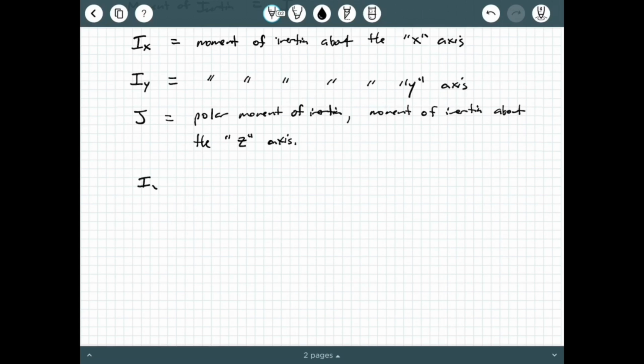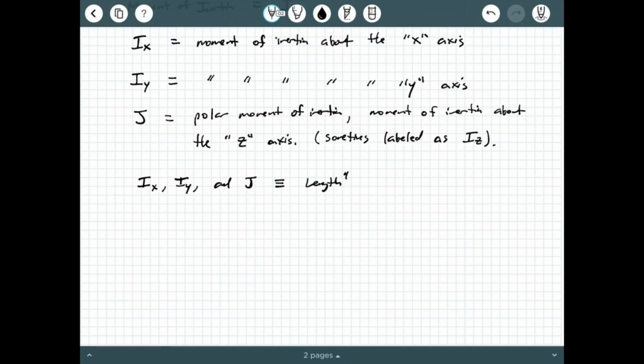So I sub x, I sub y, and J all have units of length to the fourth power. And by the way, the polar moment of inertia, which has the letter J, is also sometimes labeled as I sub z, but more often it's labeled as J.